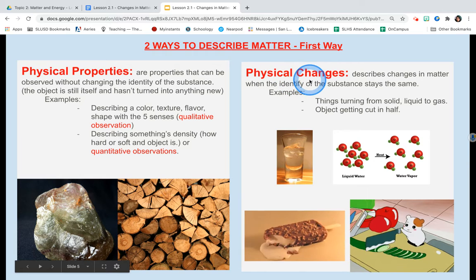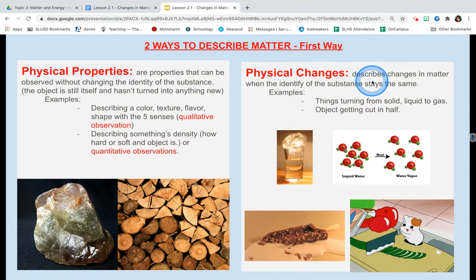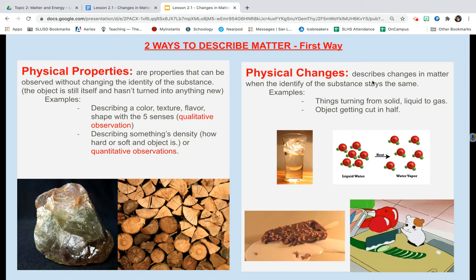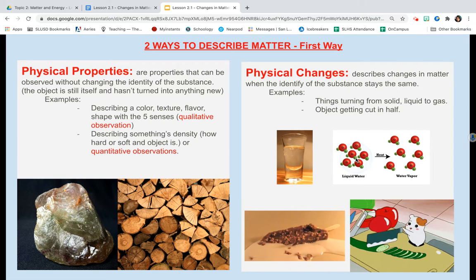So oftentimes when we're describing physical properties, we're also describing physical changes. And these are changes where the substance stays the same. So the only difference in a physical change is that the substance goes from maybe solid to liquid, like ice melting into water, right? But if I could zoom into the tiny, tiny molecules of water, nothing about the water has changed, right?